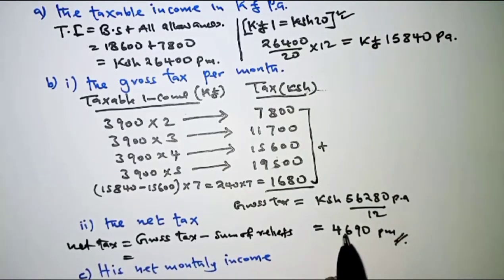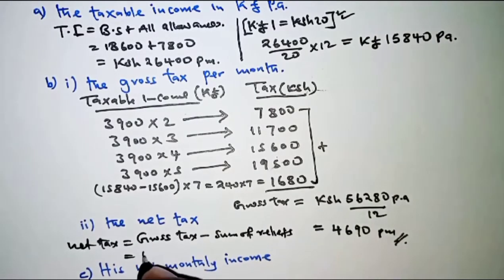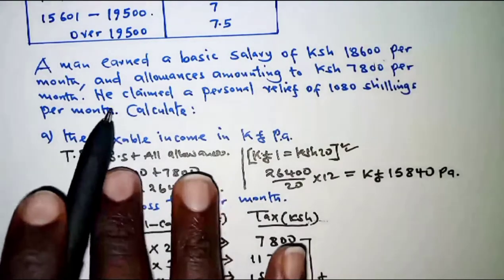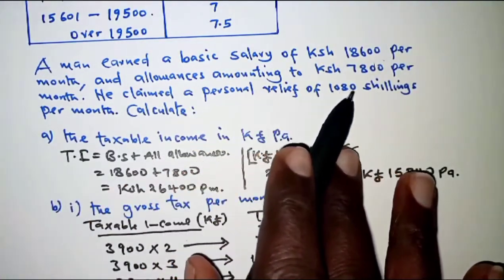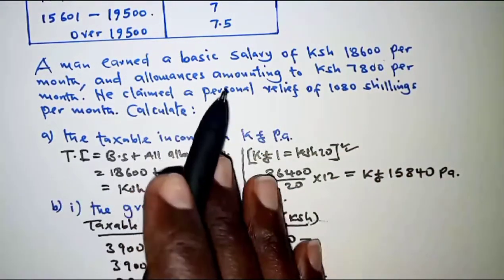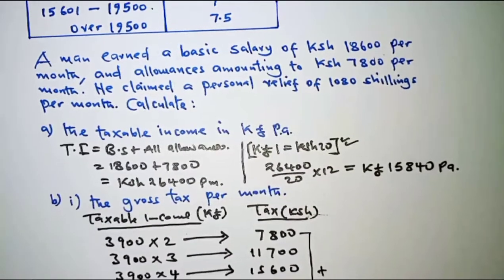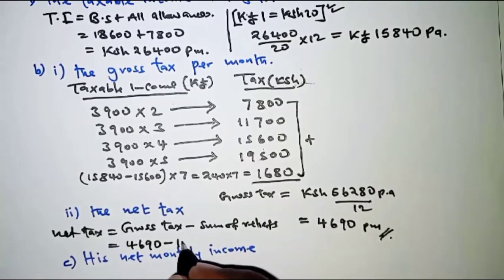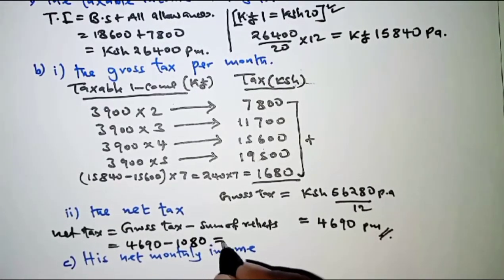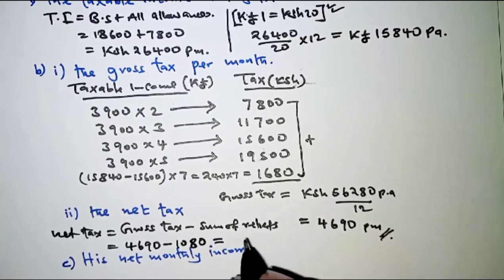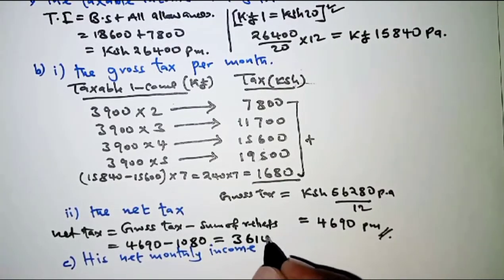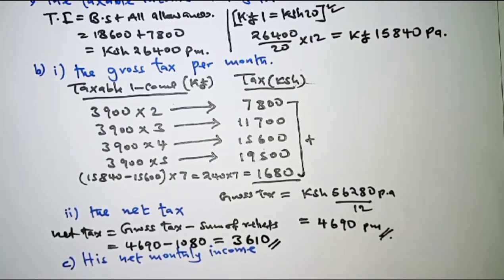So the gross tax we have as 4,690 and the sum of reliefs we have as, so in the question we are told he claimed a personal relief of 1,080 shillings per month, and that was the only relief. So that is what we subtract, so that we have 1,080, and that means that the net tax will be 3,610 Kenyan shillings per month.